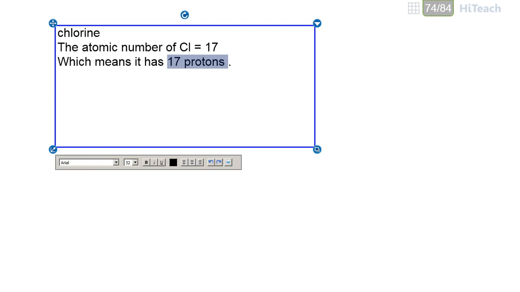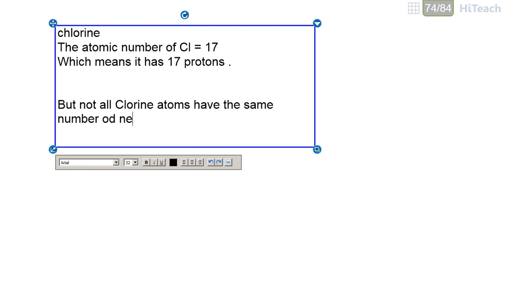Okay? But not all chlorine atoms have the same number of neutrons. Here you have to put it in your mind, but not all chlorine atoms have the same number of neutrons.